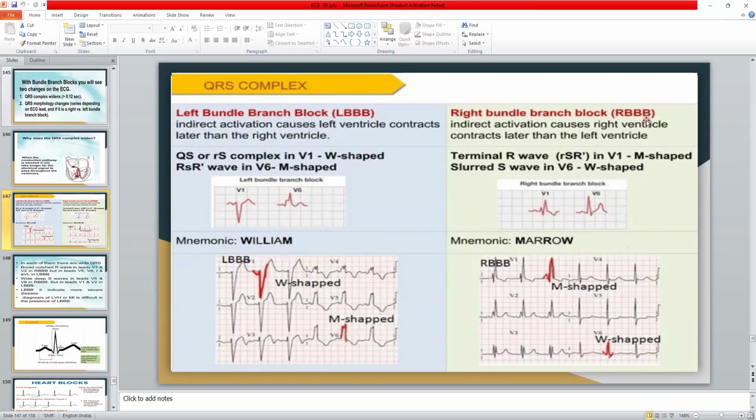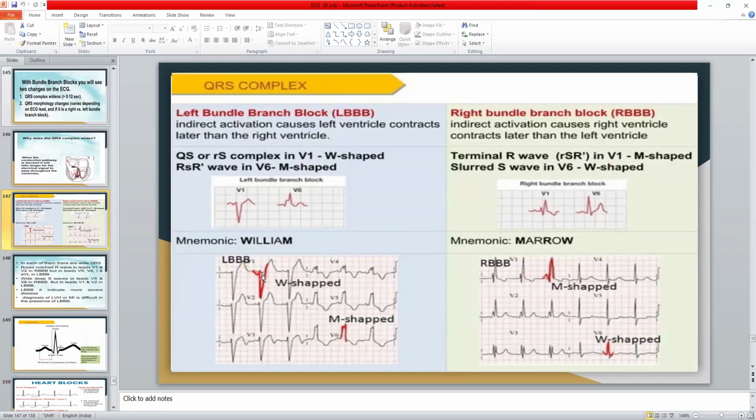Coming to the right bundle branch block, the terminal R wave in V1 is M-shaped. This is the opposite. Here you can make out this M-shape, whereas in V6 it is approximately W-shaped. You can remember by the mnemonic MaRRoW: V1 is M-shaped, V6 is W-shaped.